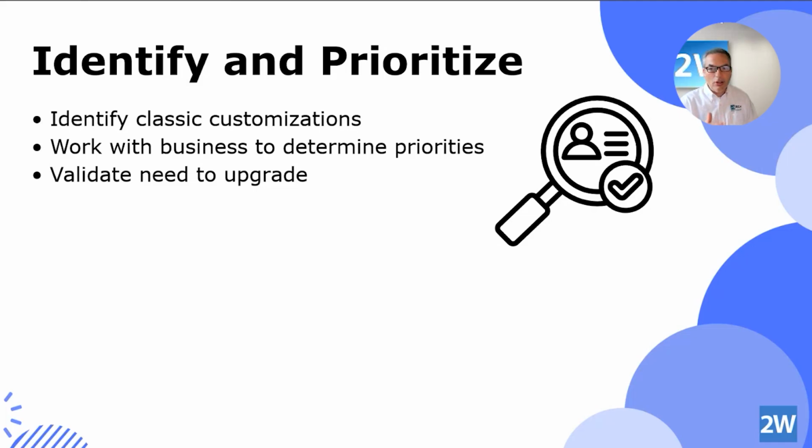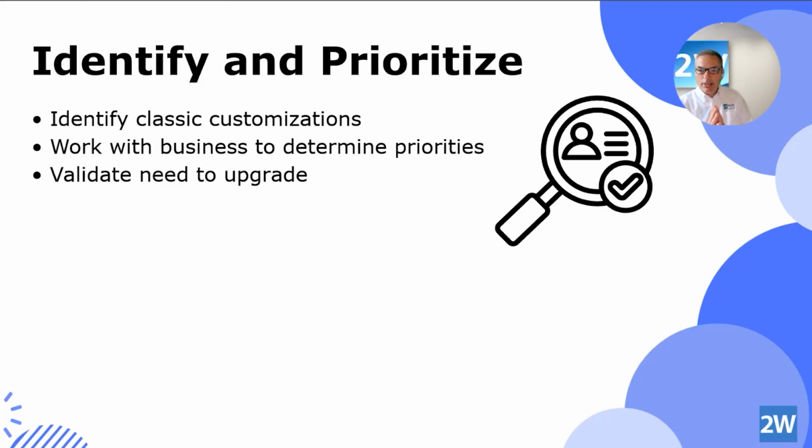And I don't want to neglect this point, because just because a customization is present in your system doesn't necessarily mean that anyone is using it or using all of its features and functionality, or that it isn't possible to achieve the same goal by another means. So again, this is not in the scope of today's presentation, but I just want to remind you about these essential activities.